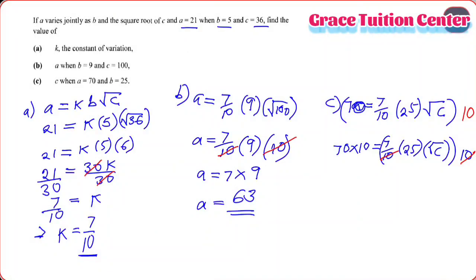So meaning that I'm remaining with 700 is equal to 7 times 25, the square root of c. To make my work easy, instead of multiplying 7 times 25, I'll just leave it the way it is. I'll just divide both sides by 7 times 25. You understand later why I've done this.